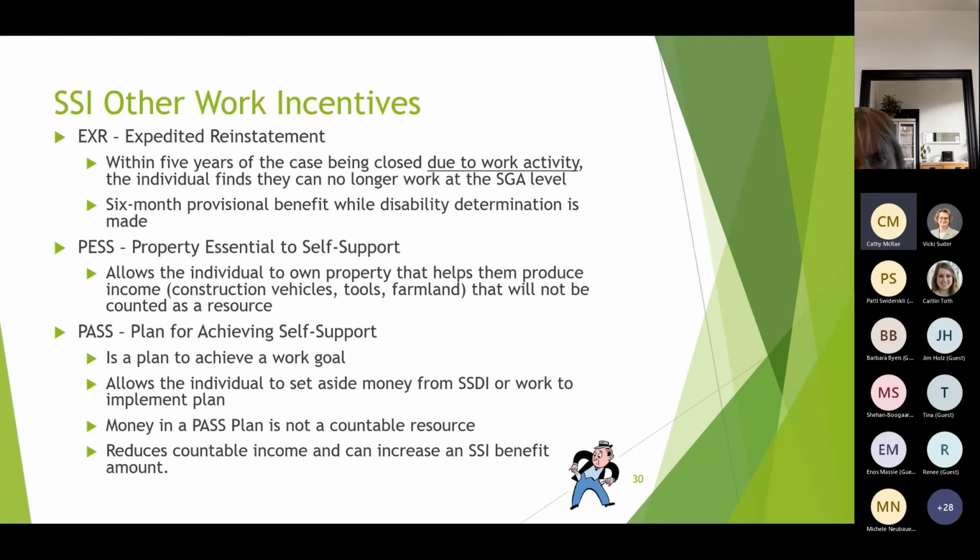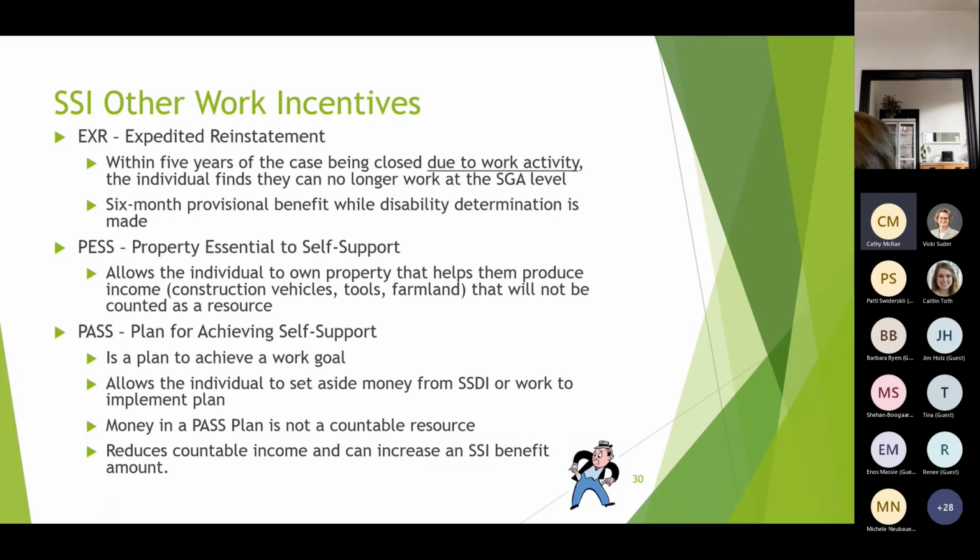Again, we have that EXR, the expedited reinstatement we've been talking about. Property essential to self-support is something that you own that would normally be counted as an asset, but because you're using it for work, it can be set aside and not counted as a resource or an asset. And then we talked a little bit about this during our question time, plans for achieving self-support. So it has to be related to a work goal.